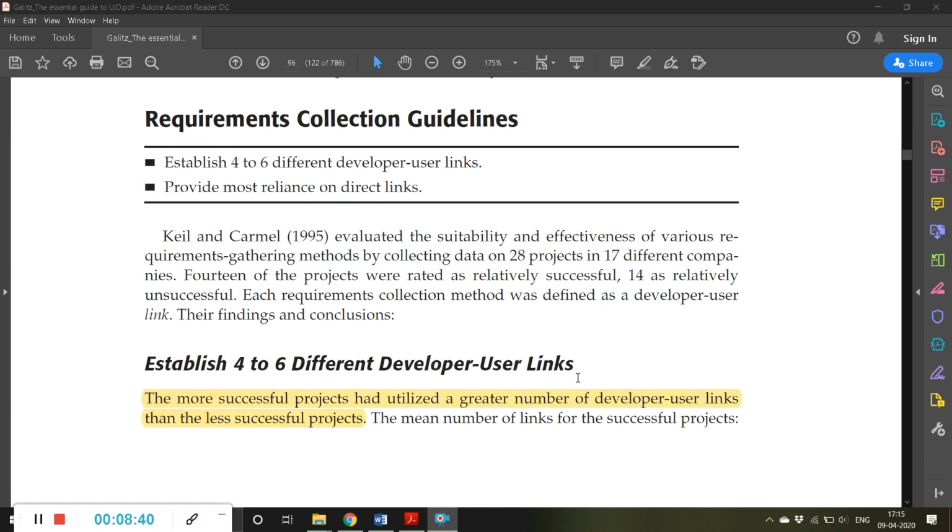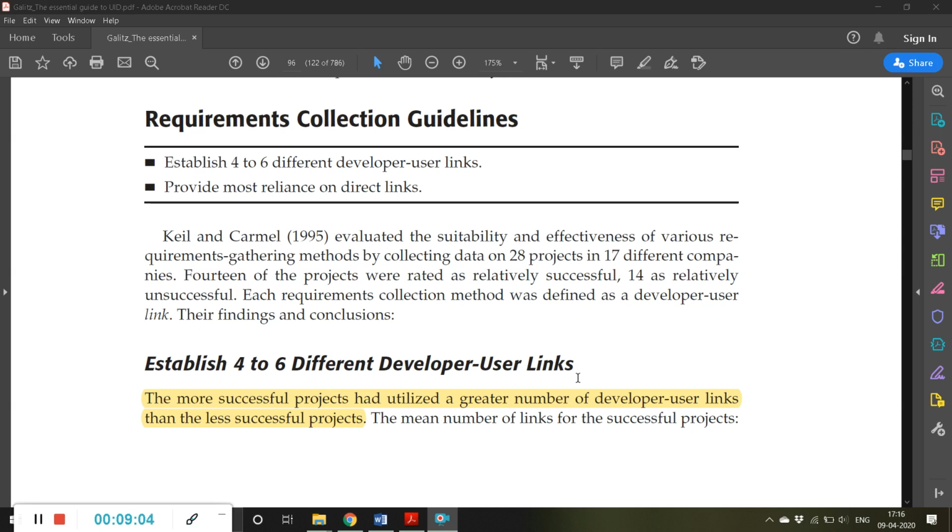So the important point here is you do not depend only on one particular collection method. Okay, don't only depend. So you collect the information through email, then you conduct the direct interviews, then you conduct the focus groups, then you conduct questionnaires.